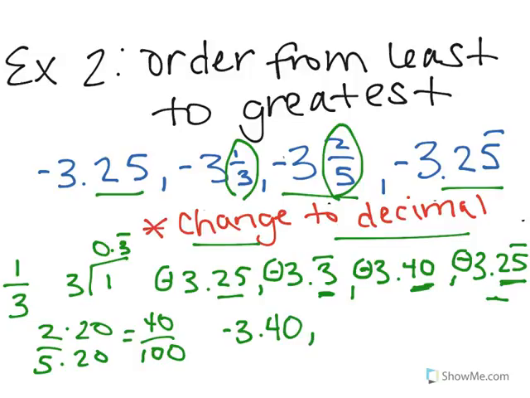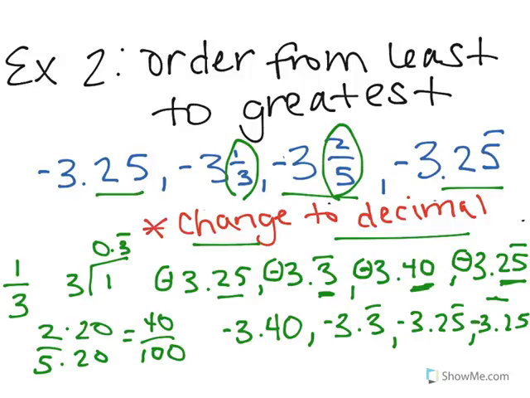The next one is going to be negative 3.3 repeating. And then we're going to have negative 3.25 repeating. And the last one is negative 3 and 25/100ths.